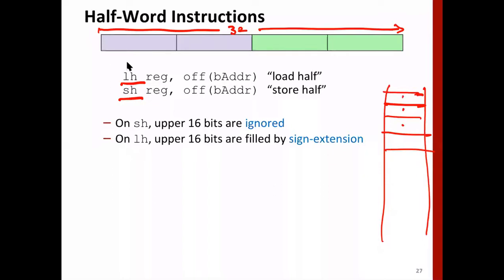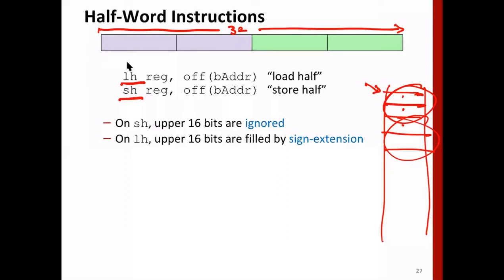Then we have to know which half word, which 2 bytes, this one or the other one. Similarly, when we are storing, we need to know where. Note that it's all byte addressable, right?